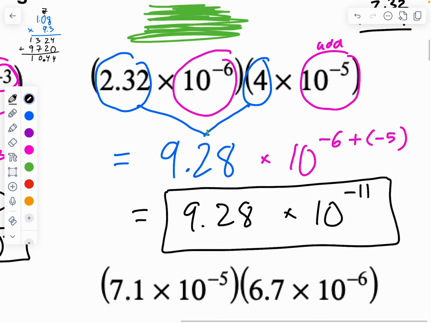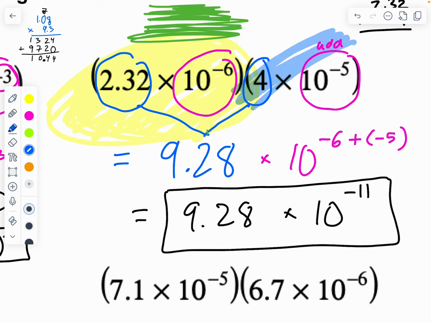Let me show you a little bit of a lesson here. Do you agree that this is a small number? Yeah, it's a pretty small number. Now, do you agree that this one is a pretty small number? Yeah.